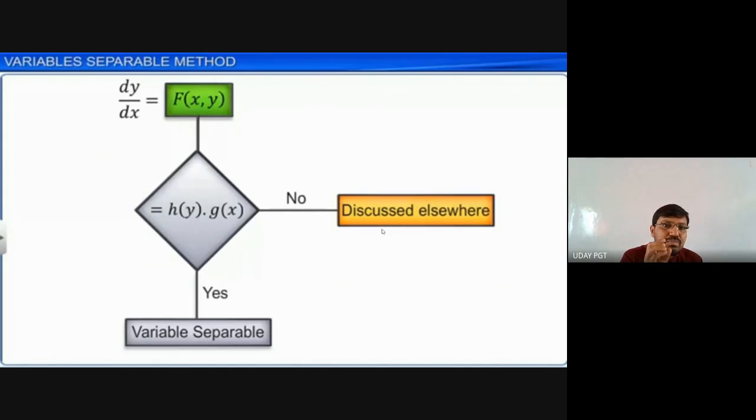That means it should be possible to make two separate functions. Suppose you have sin xy, with xy in the brackets, such problems will be discussed later. Now we see the variable separable method here. For example, dy by dx equals 1 plus y square by 1 plus x into x plus xy.